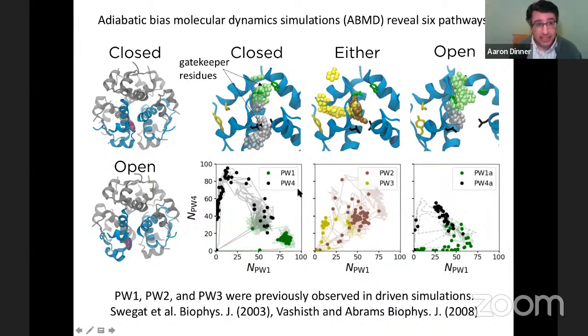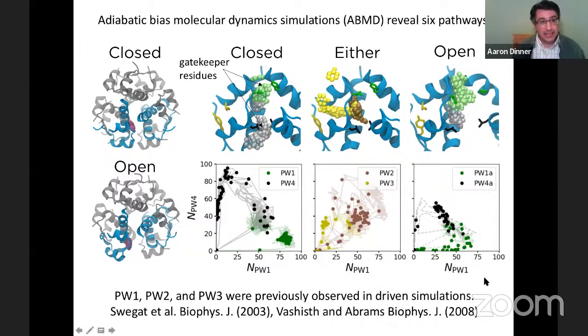Some of these pathways, I should say, were seen previously. In particular, Harish Vasith, who I think is attending the meeting, did some really beautiful simulations some years ago, where they saw 3 of these pathways. We recover those, and then we see some additional ones, particularly ones associated with this opening of the escape channel.